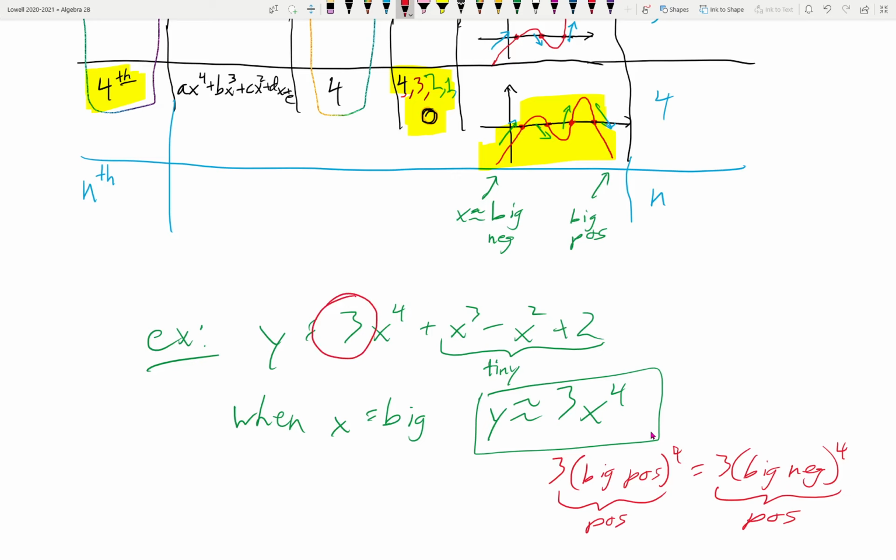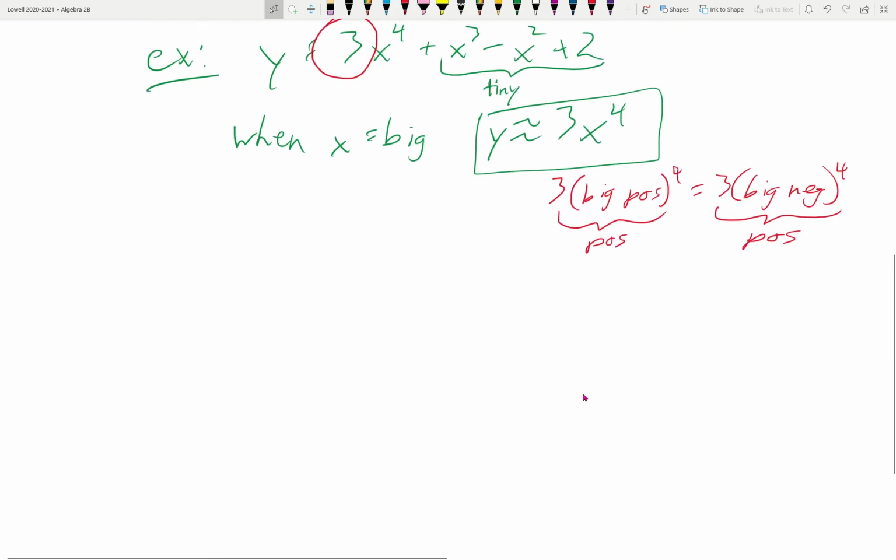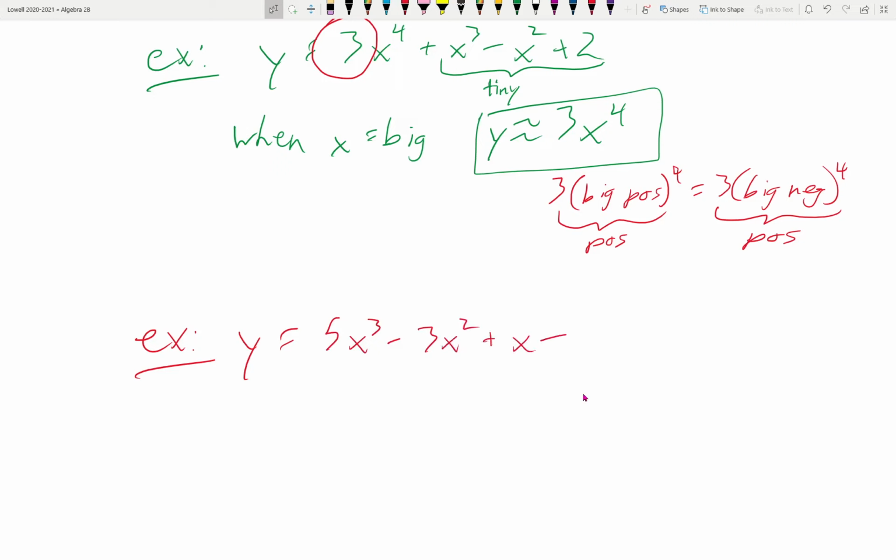And so whatever this coefficient is, it's going to tell you whether they both start and end positive or start and end negative. Let that sink in for a second. We're now going to use the same logic to compare to an odd degree polynomial. So for example, 5x cubed minus 3x squared plus x minus 12.